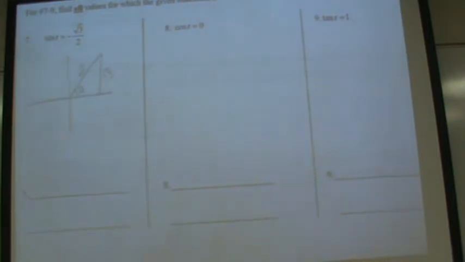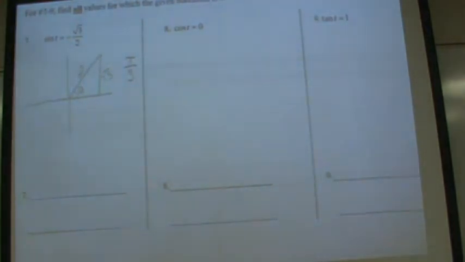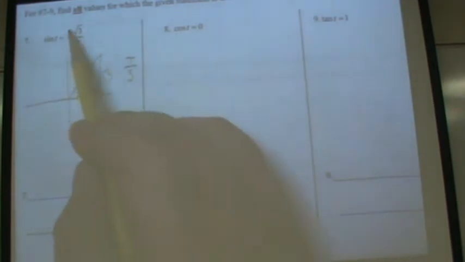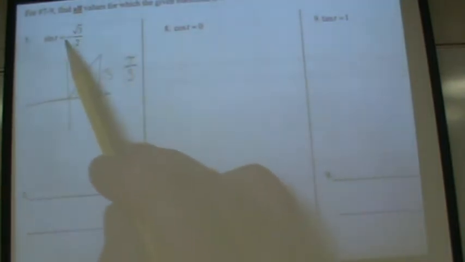And that angle, when root 3 is over 2, is actually a 60-degree angle, but we're thinking in radians now, so it's pi over 3. So now is when we're going to look at that negative. That negative is going to tell us which quadrant we're looking at, where that value is going to be negative.